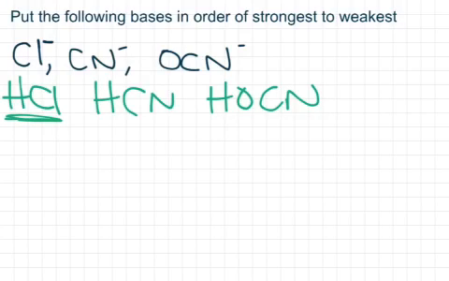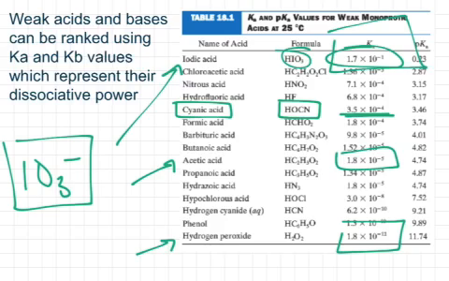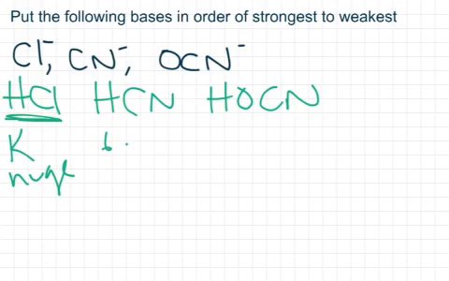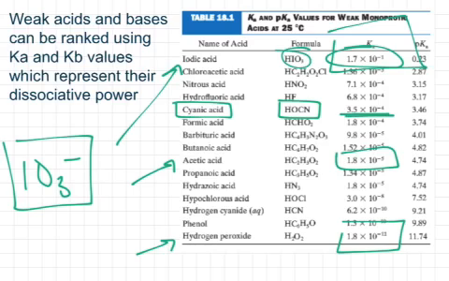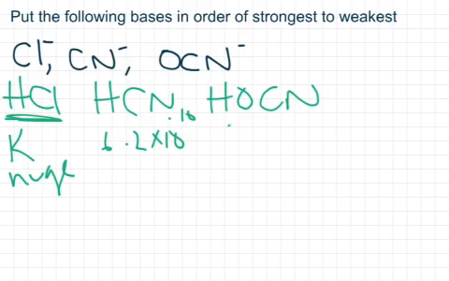HCl is a super, super strong acid. So Ka, huge. It doesn't even have a value. If we try to look it up on this chart, it's not even on there. If we look at HCN, the Ka is 6.2 times 10 to the negative 10, and HOCN is 3.5 times 10 to the negative 4.